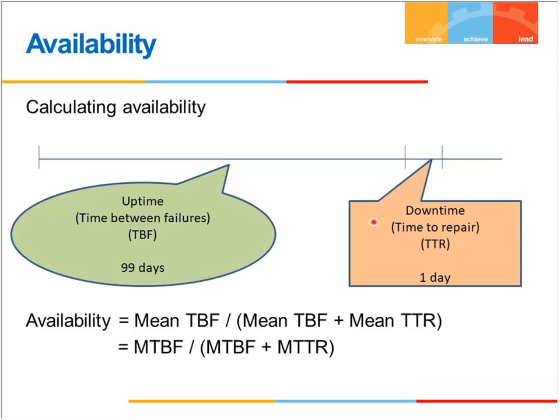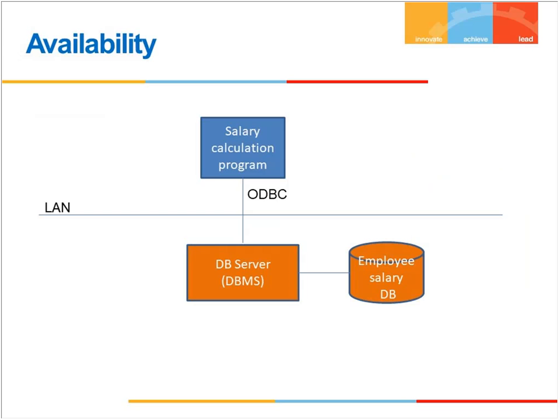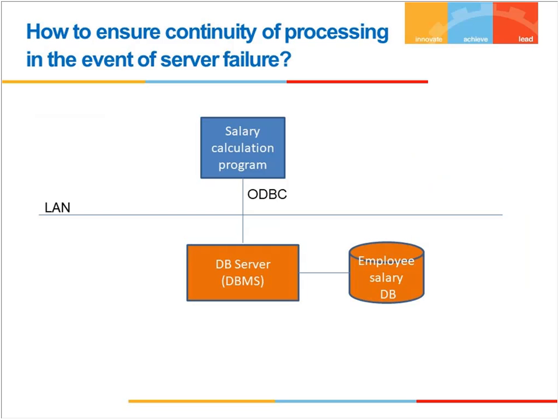So Dimit Chadda is asking, availability should be 5 nines. Sorry, I didn't understand the question. So how do we ensure the continuity of processing in the event of server failure? So if there is, let's say, this is your program on the client side and the database server on the server side connect database.